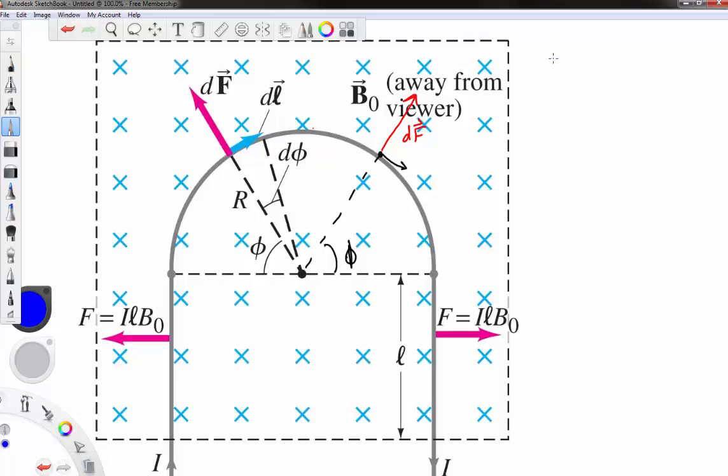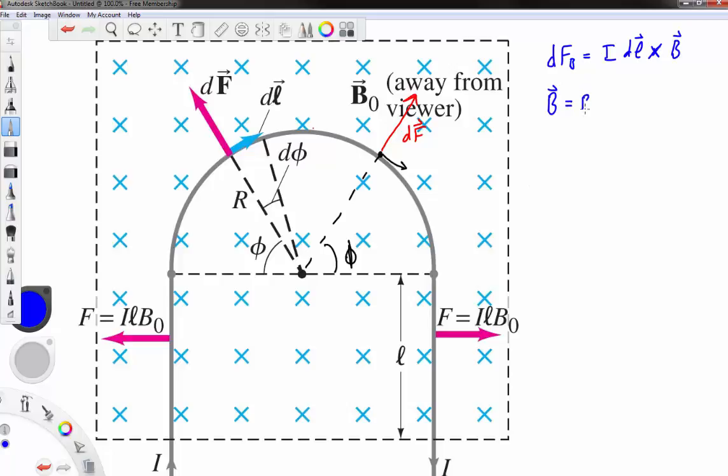So let's unravel that mathematically now. Recall that dF is going to be given by I times dl cross B, so current times the differential length crossed with the magnetic field vector. Now we could put these in cylindrical coordinates, and that's nice and easy.